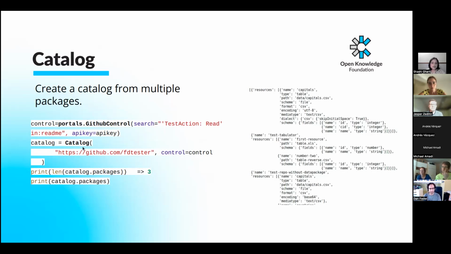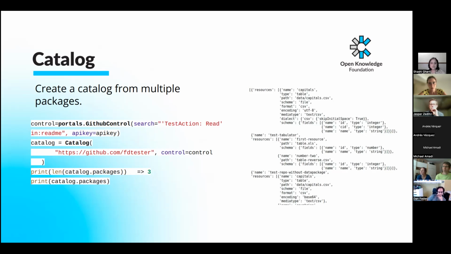And here I'm passing the URL of this user, FT tester, and it will go through those repositories and create the list. I'm also passing search here because I wanted to filter the repositories, because there are lots of repositories and there are duplicate repositories also.